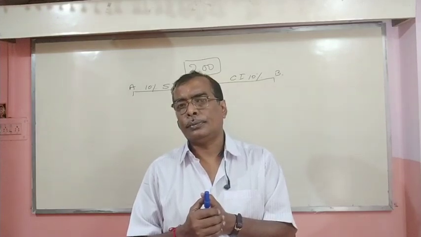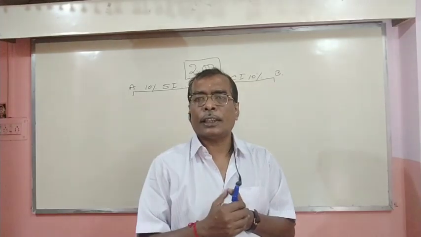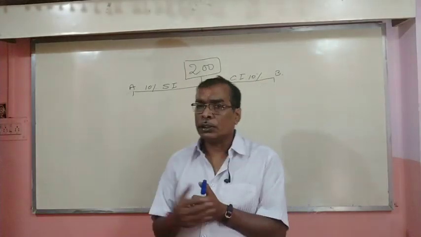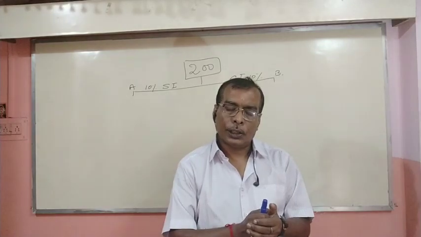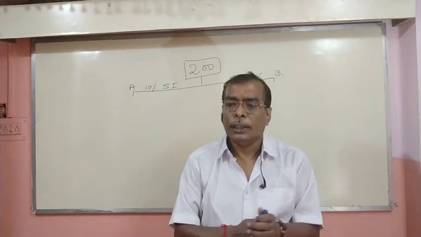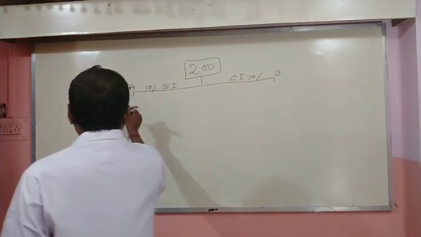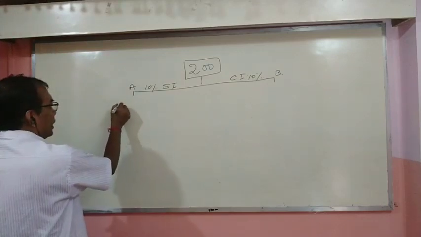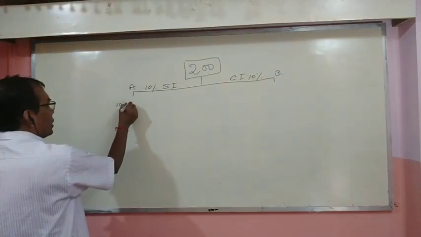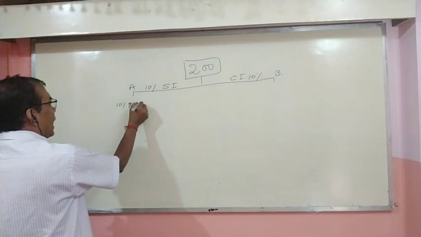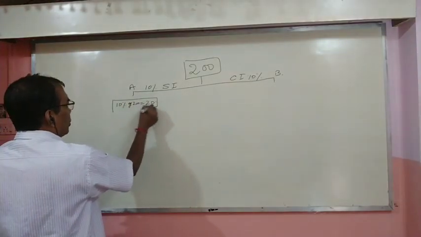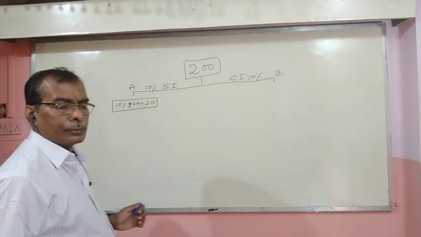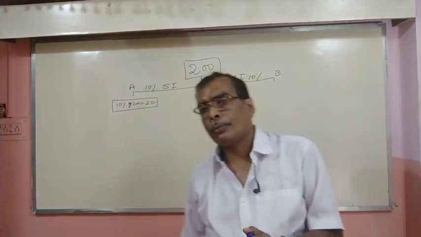Now the first person has taken the loan on 10% simple interest, and the second person has taken the loan on 10% compound interest. Now we find 10% of 200 rupees, and after the calculation it comes to 20 rupees.